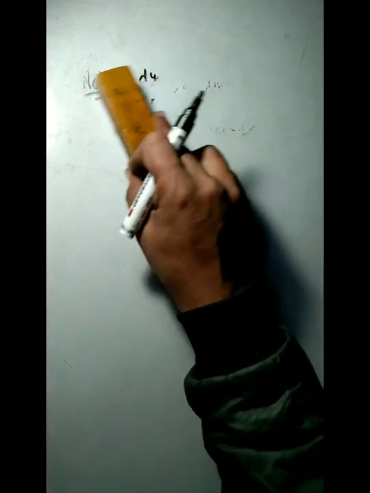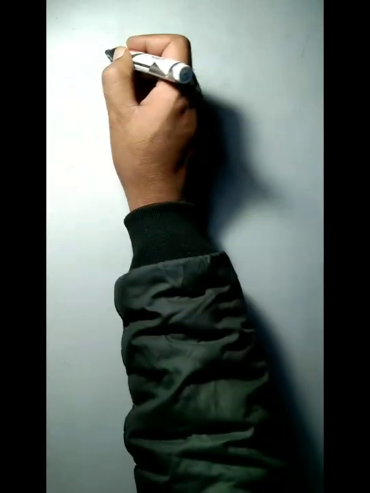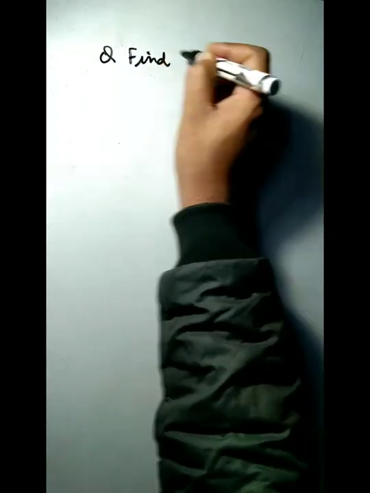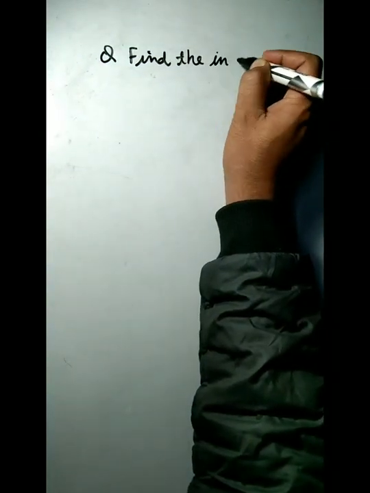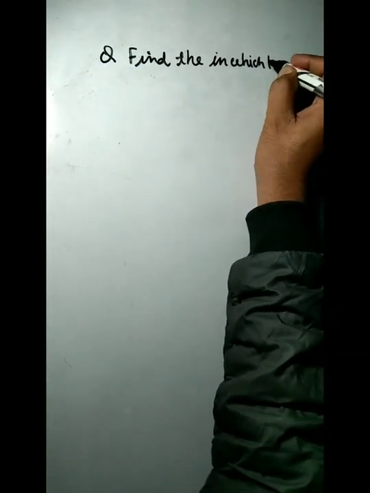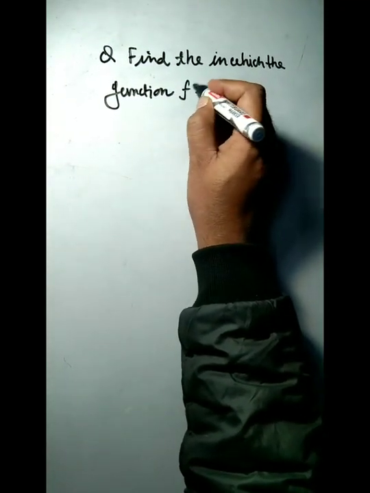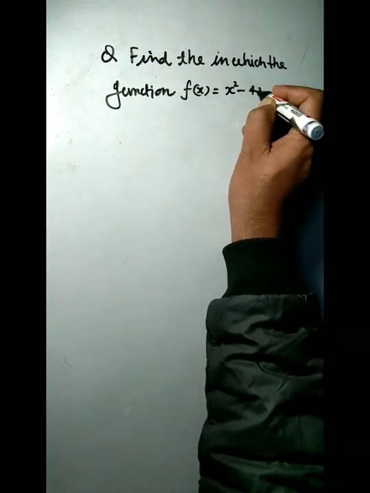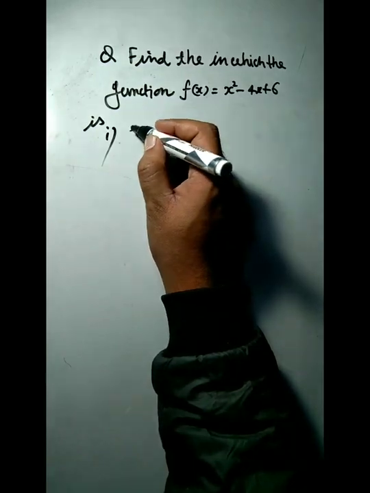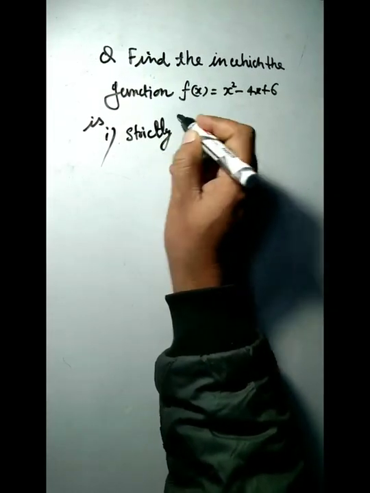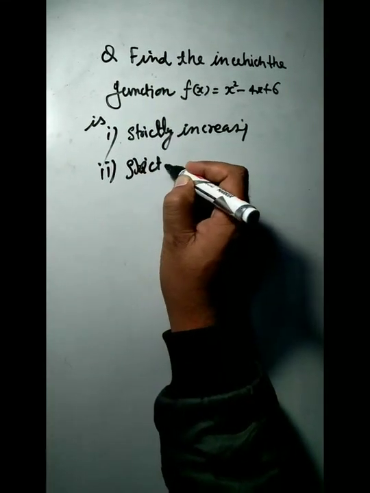Let us solve another problem. If we want to find the interval, then fx equals x square minus 4x plus 6, let us check where it is strictly increasing and second, strictly decreasing.